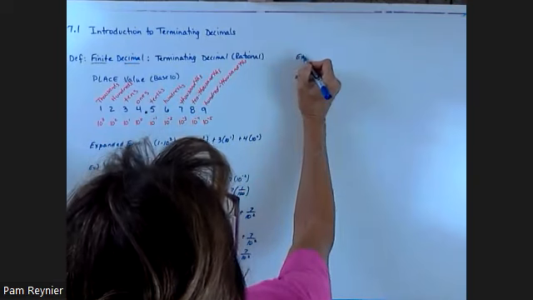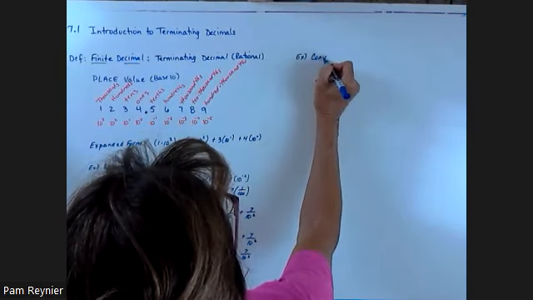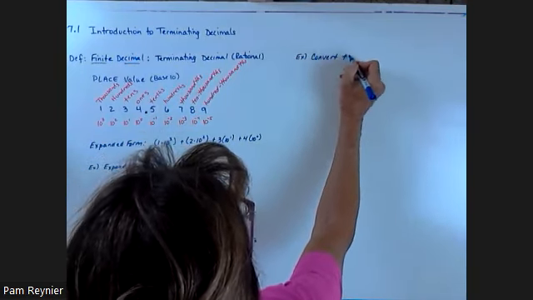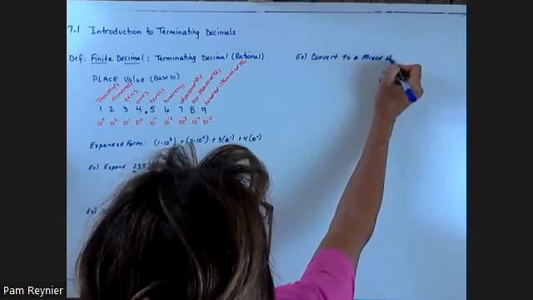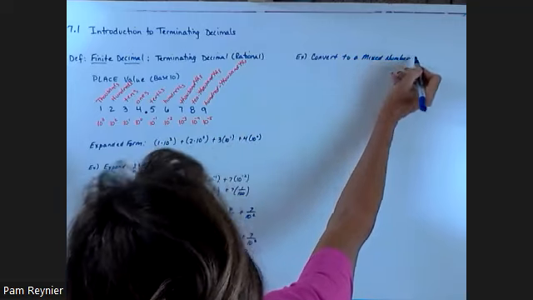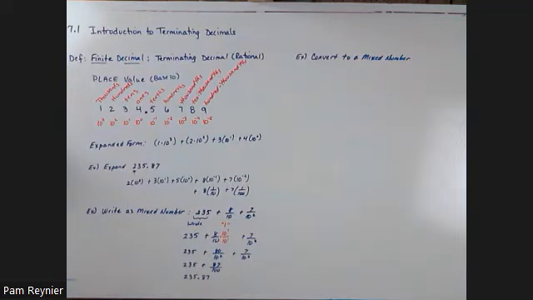So let's convert to a mixed number. 28 and 4,756 ten thousandths.